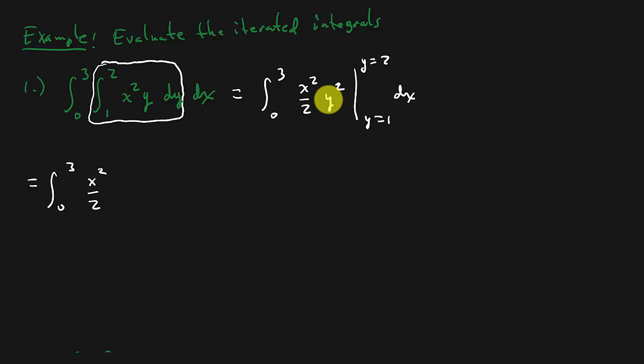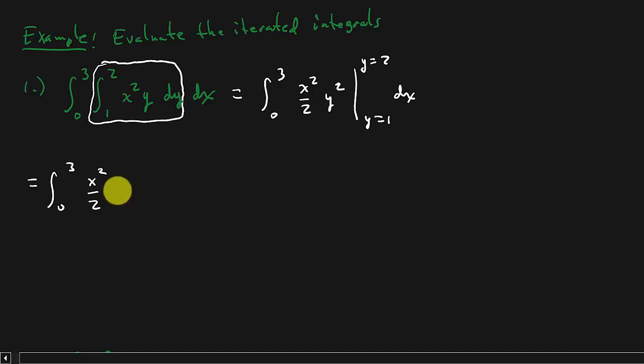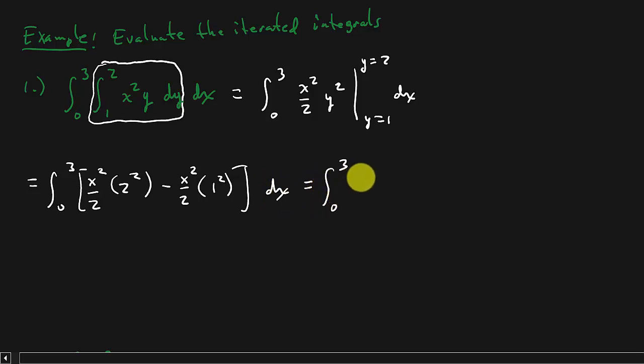And so when I evaluate this, that's going to be 2 squared times x squared over 2 minus x squared over 2 times 1 squared. So I plug the 2 in for y, which gives me this. Plug the 1 in for y, which gives me this. And then that's dx. And so this is going to give me the integral 0 to 3 of 2x squared minus 1/2 x squared dx.